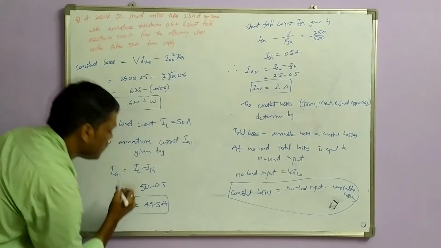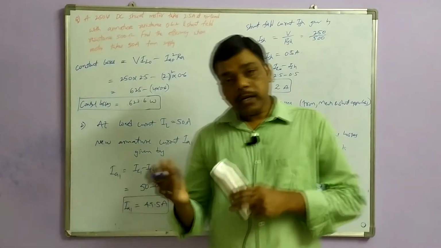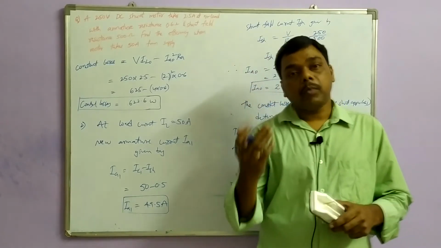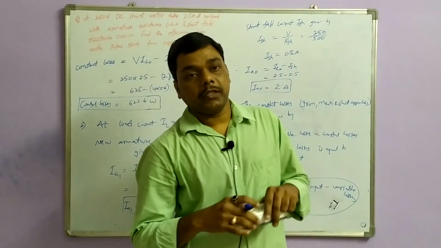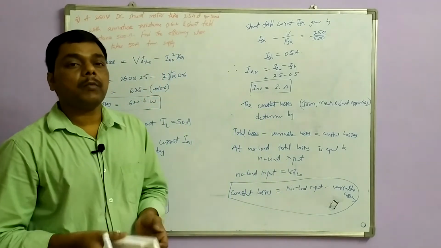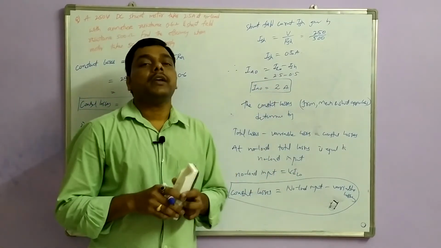Now this will be the new armature current. Now load current changes, armature current changes, so the armature copper losses also change. Now you calculate the new armature copper losses, then you will be able to calculate the efficiency.